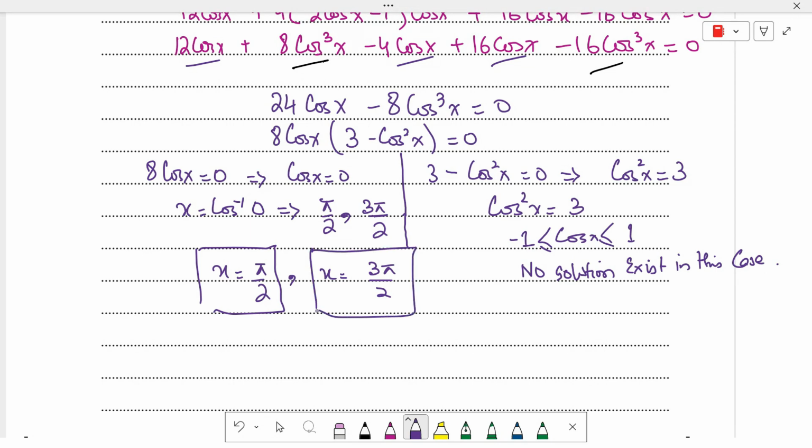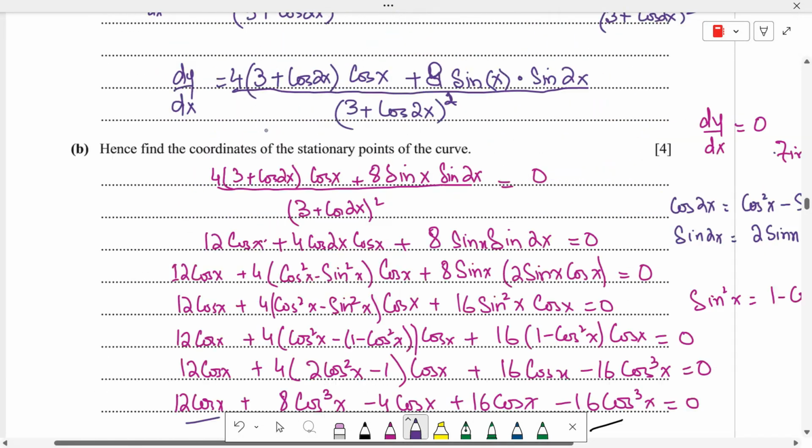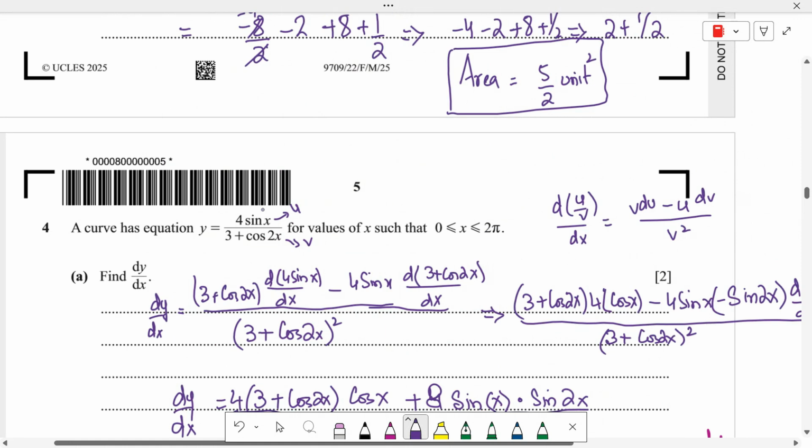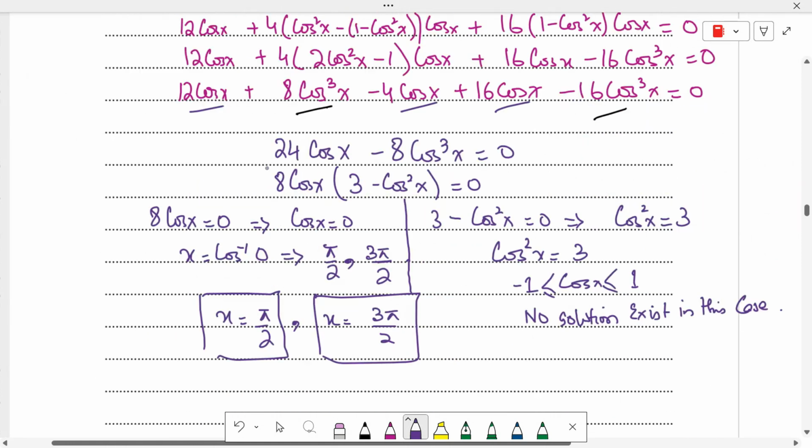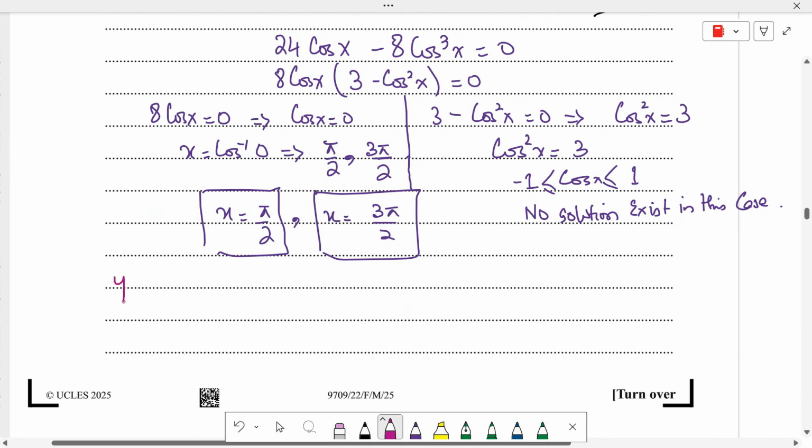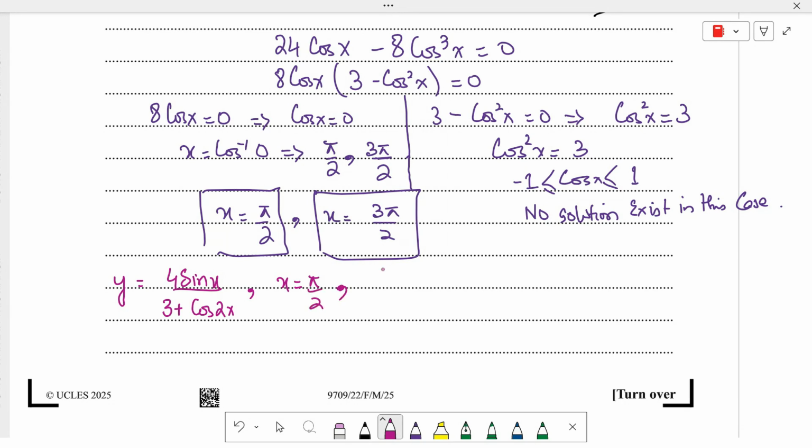Now we need to find the y coordinate. So we have the equation y equals 4 sine x over 3 plus cos 2x. When we plug x equals pi by 2, y is equal to 4 sine of pi by 2 over 3 plus cos of 2 times pi by 2.